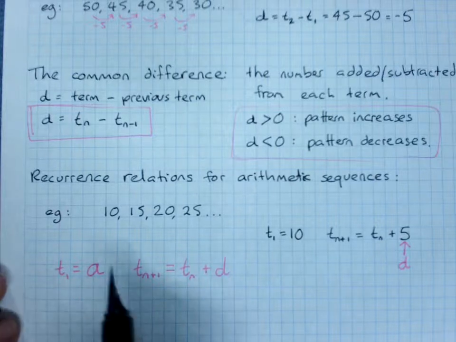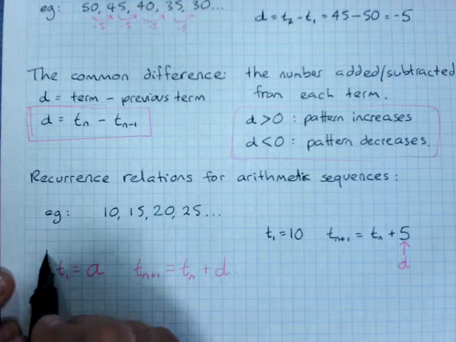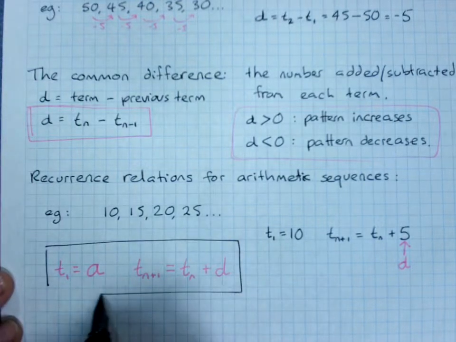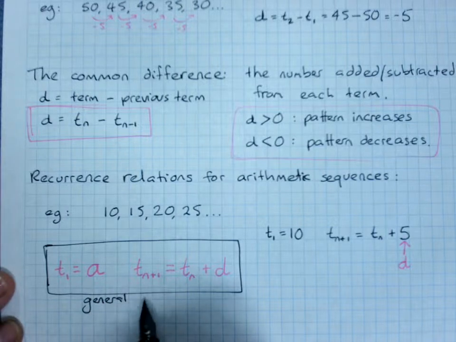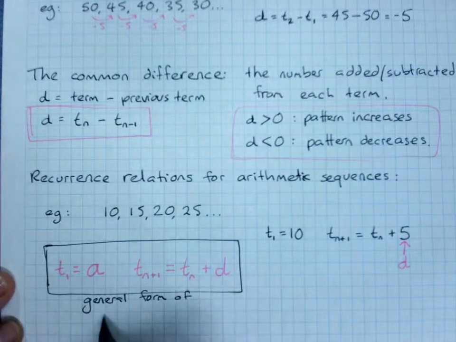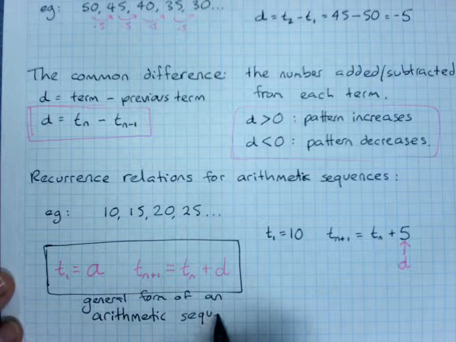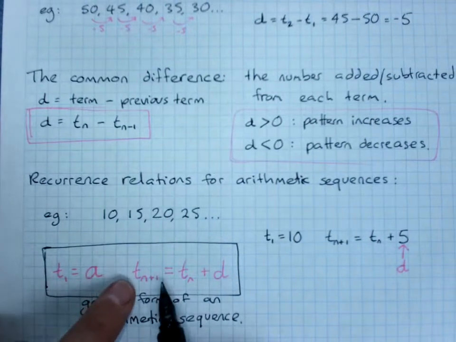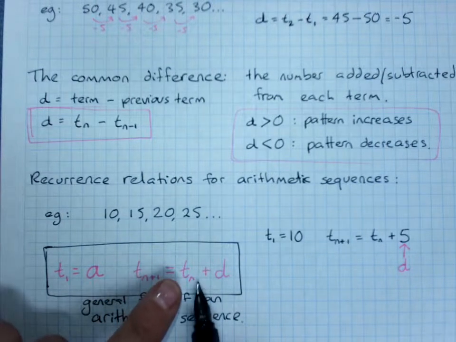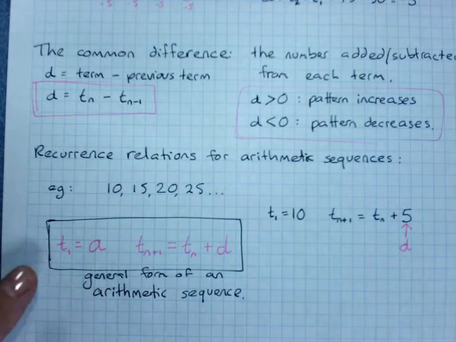Now, if the common difference was negative, that would be Tn plus a negative common difference, so it would come out as negative. But this is the general form of an arithmetic sequence. Any term is equal to the previous term plus the common difference, and the starting term is known as A.